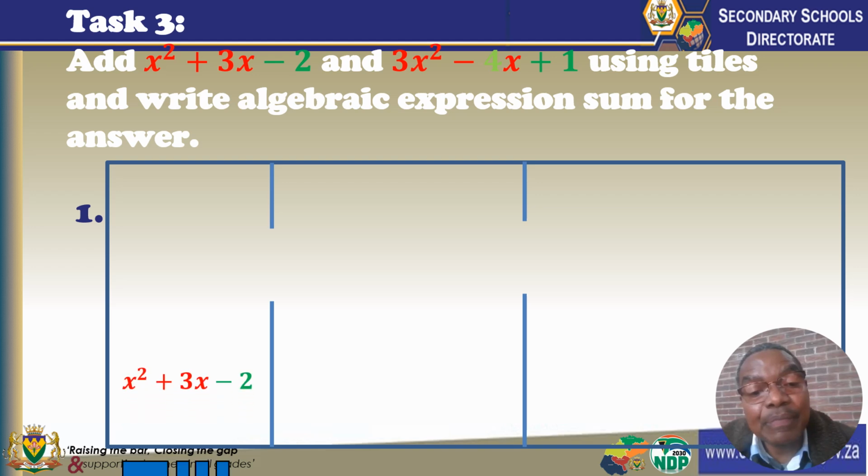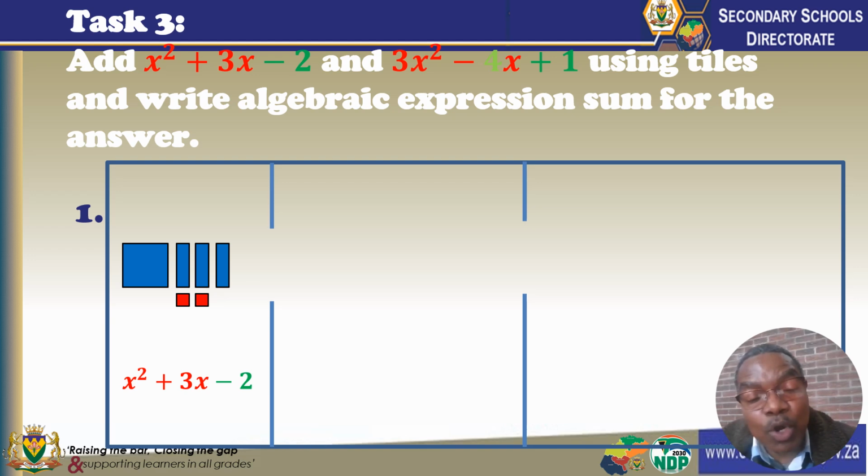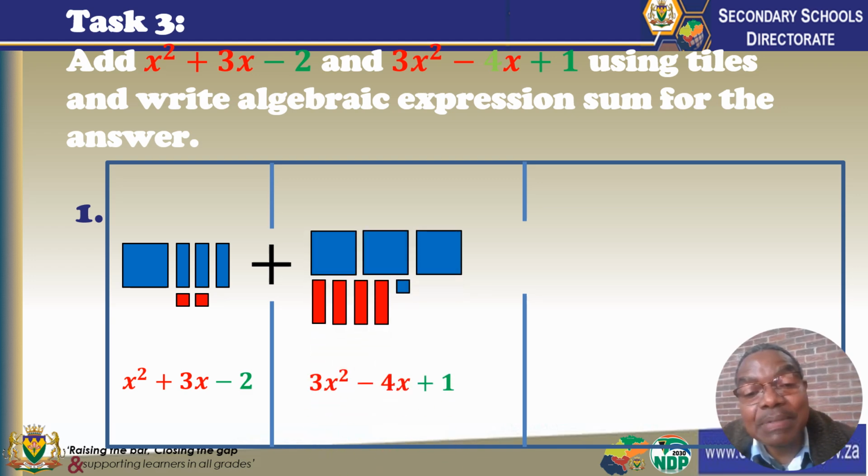We have an x squared square block, rectangles here, there are 3, and minus 2 small units, small blocks. Then 3x squared minus 4x plus 1 means how many square blocks? You pick 3 big ones. Minus 4x means we have 4 negative rectangles, plus a small box.